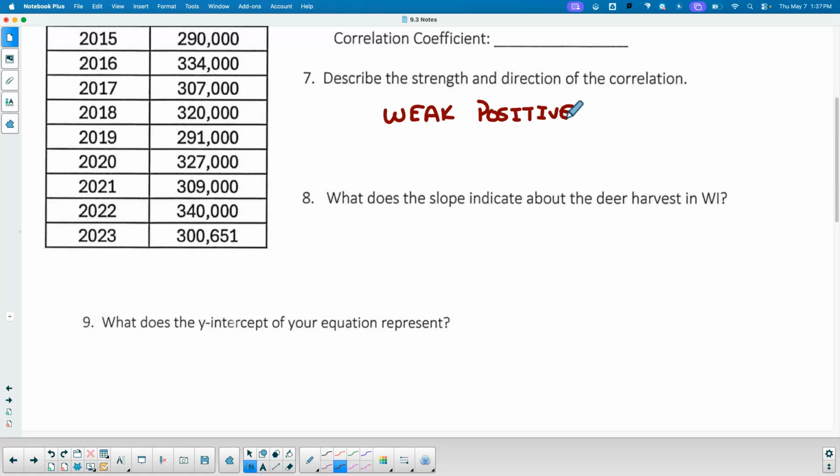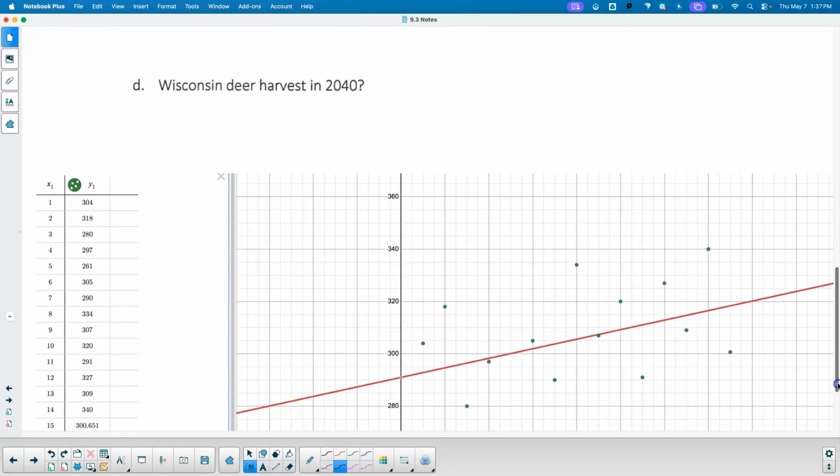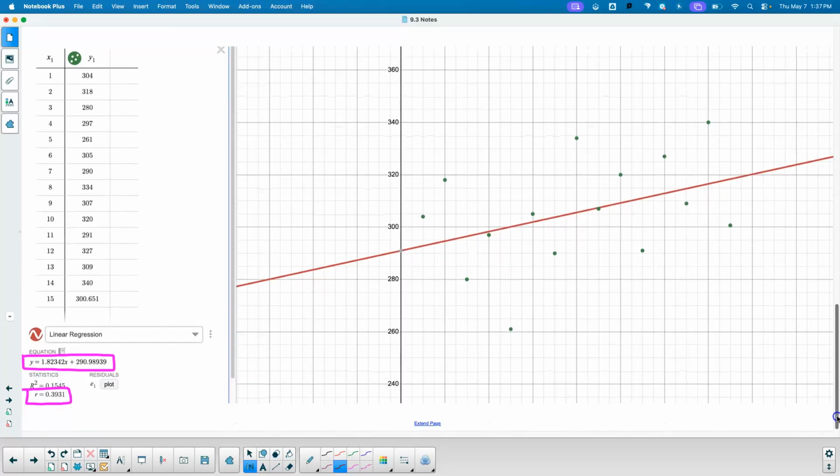What does the slope say about the deer harvest? So what was our slope again? 1.823.